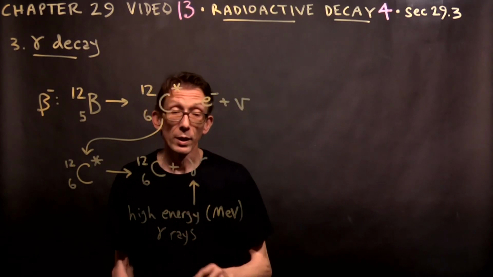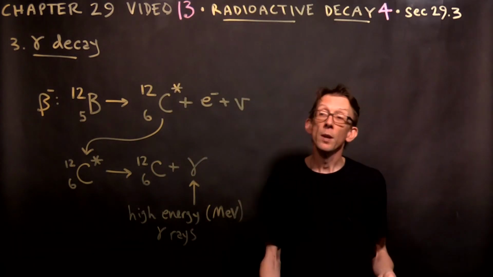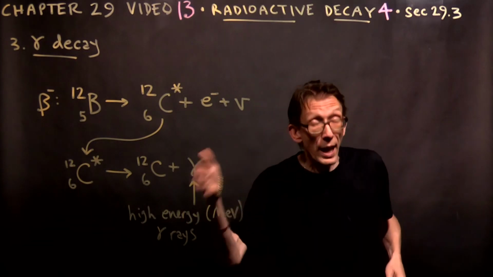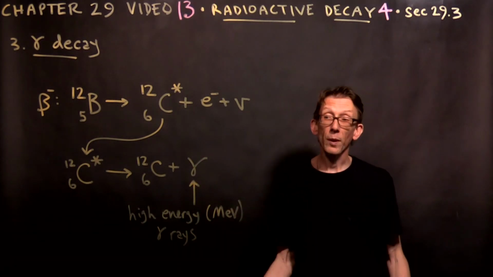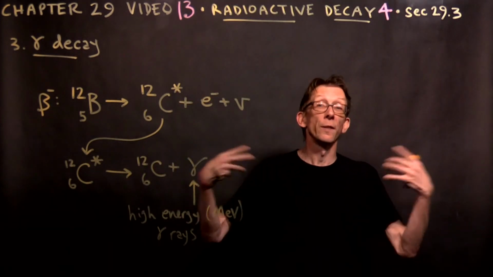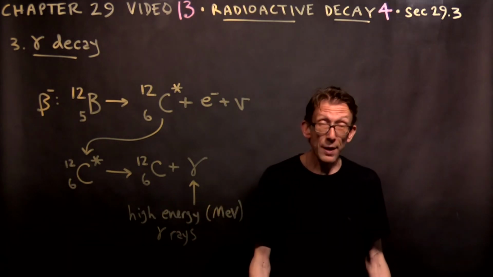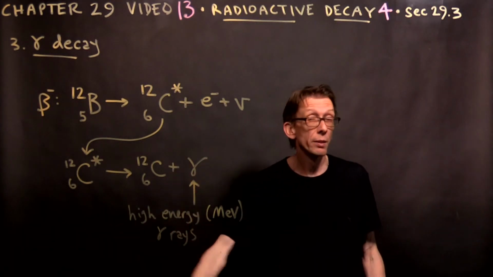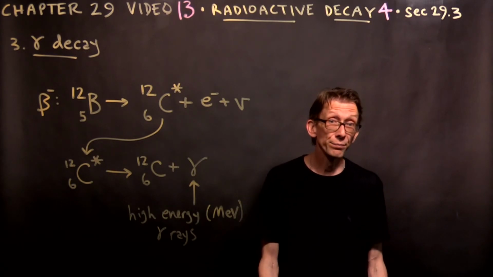Now it turns out that gamma is the symbol for photons, light particles in general, but that gamma came from the fact that we had alpha, beta, and gamma decay. So this light that gets emitted by this nucleus is very energetic and not good for us. There are gamma rays around. That potassium-40 in the walls produces gamma rays when it decays.